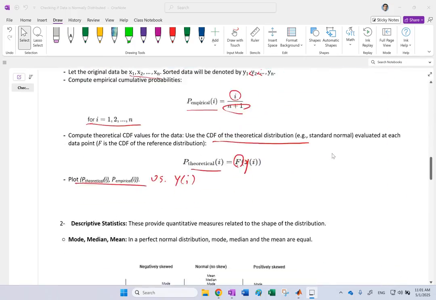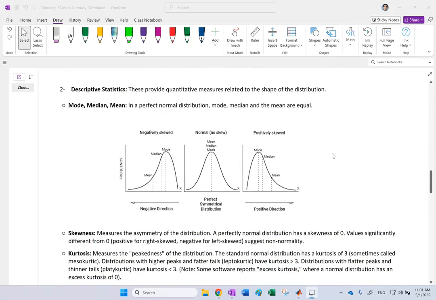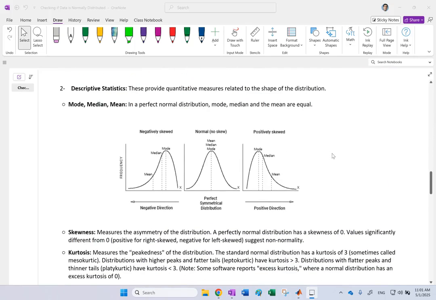Now, if I want to look at numbers, descriptive statistics, right? Not just subjectively say whether the two curves will overlap or not. If you want to look at numbers, one way is descriptive statistics. For a normal distribution, as you know, the mean or average, the median and the mode are all at the exact same point in the middle.